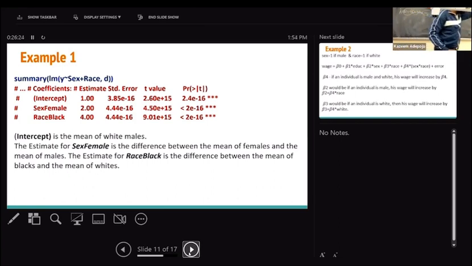Now, if you want to talk about the sex female, the sex female is the difference between the mean of females and the mean of males. Then race black will be the difference between the mean of black and the mean of white. Which means what you see in the estimate represents a difference in means.